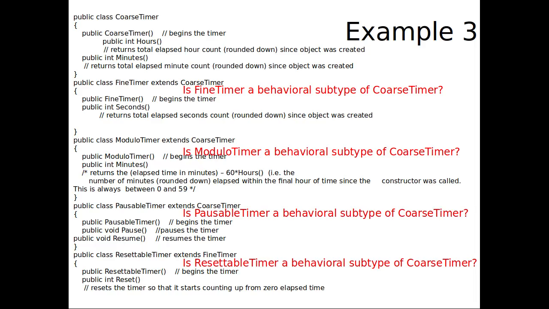It figures, oh, that's more useful for our clients. Does that adhere to the Liskov substitution principle? No. Because if you thought you had a course timer and secretly you had a modulo timer, could you be rudely surprised? Indeed you could. Because this violates the history property. It can now go down, right? It could go down.